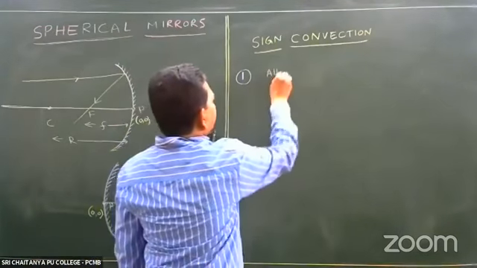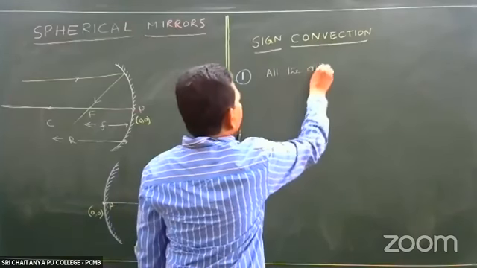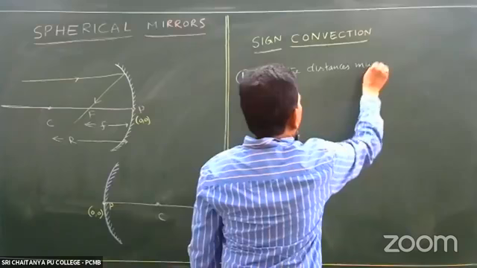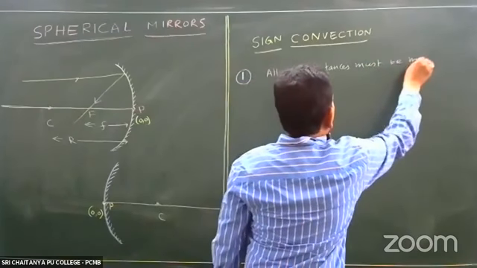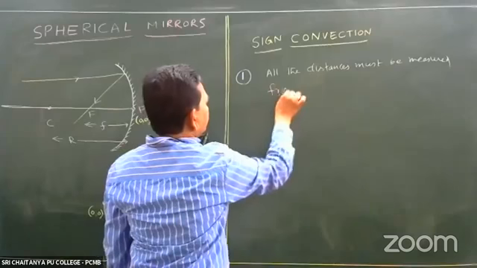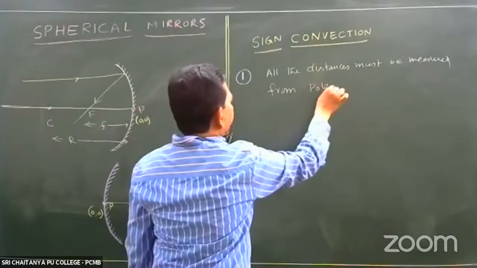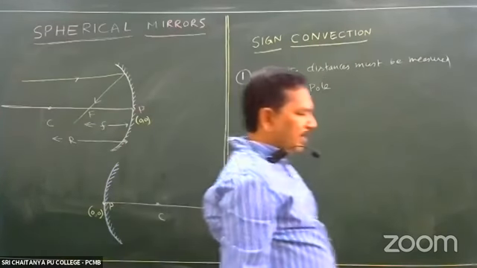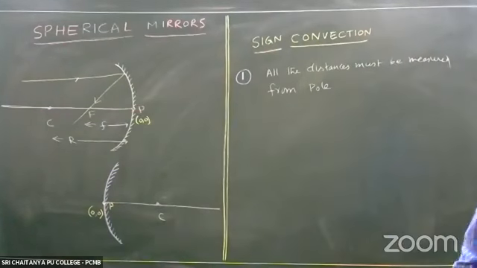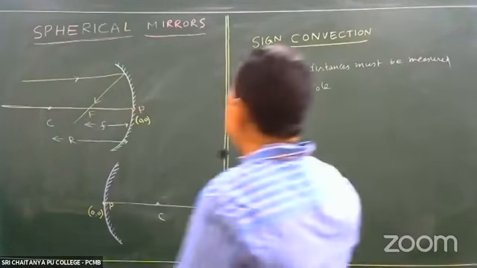All the distances must be measured from the pole. The pole is treated as origin. What is the second point in sign convention?